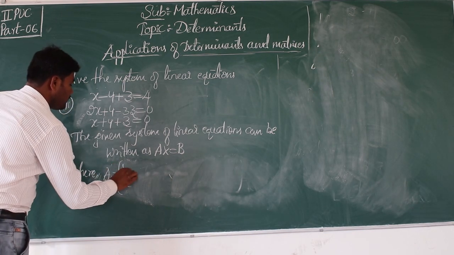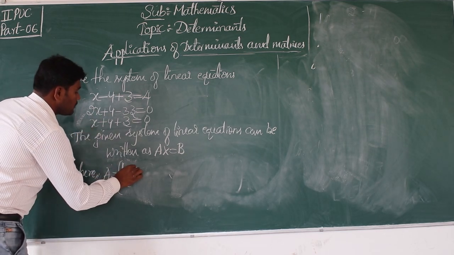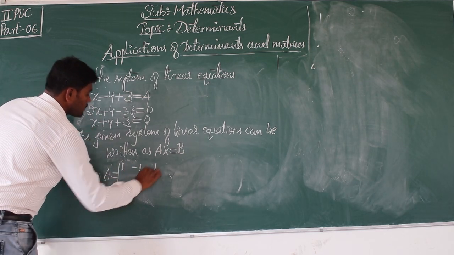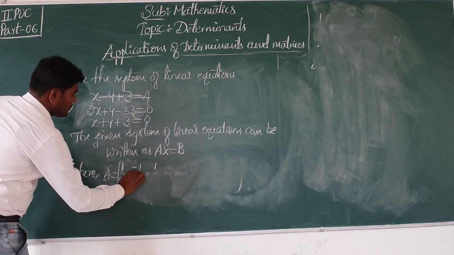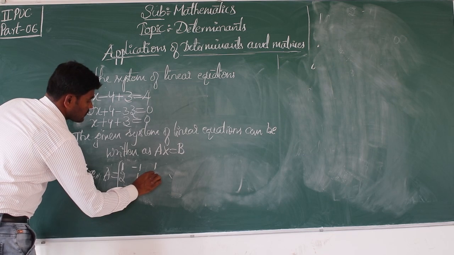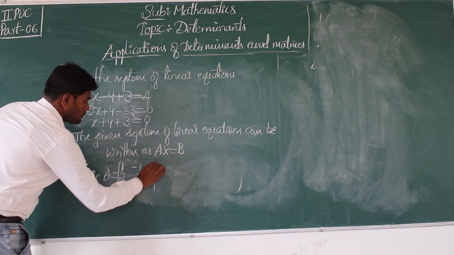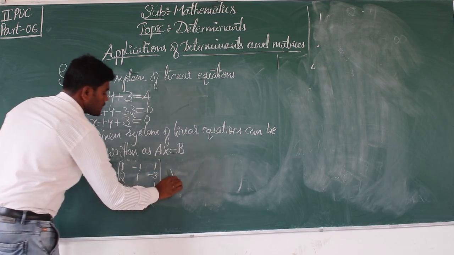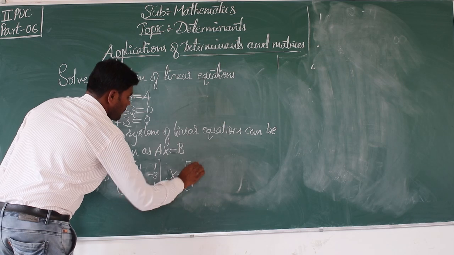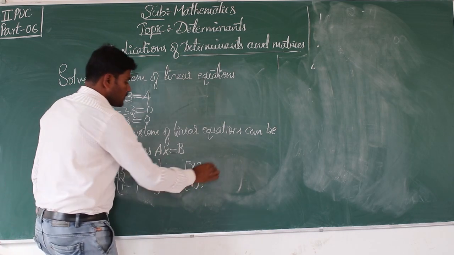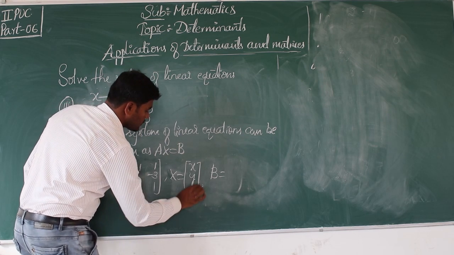The coefficient matrix is: coefficients of x, y, z in the first equation are 1, minus 1, plus 1, and in the second equation 2, 1, minus 3. Lastly, 1, 1, 1. And X is the variable matrix x, y, and one more variable, that is z.